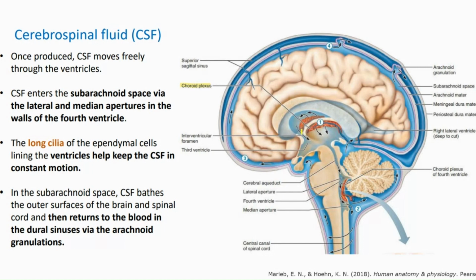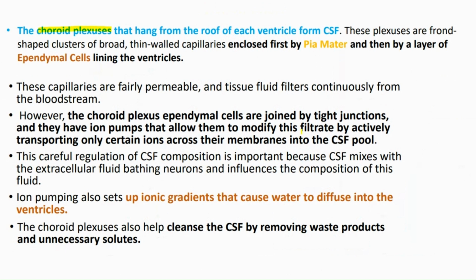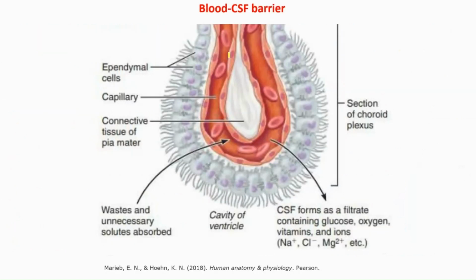So what is a choroid plexus? I will show you the picture first. This is a zoom in on the choroid plexus. It is simply a capillary that has endothelial cells, and this capillary is surrounded by pia mater and basement membrane, and outside the capillary we can see the epithelial cells of the choroid plexus, which are called the ependymal cells.